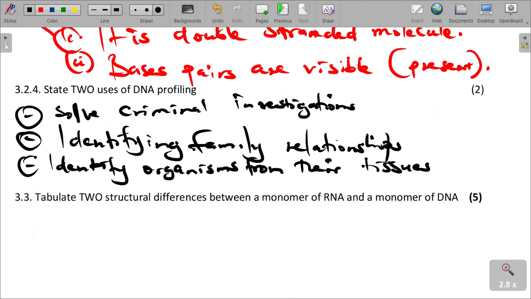It is also used in research into variation in population.